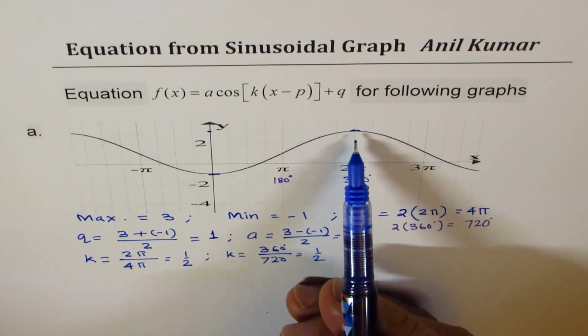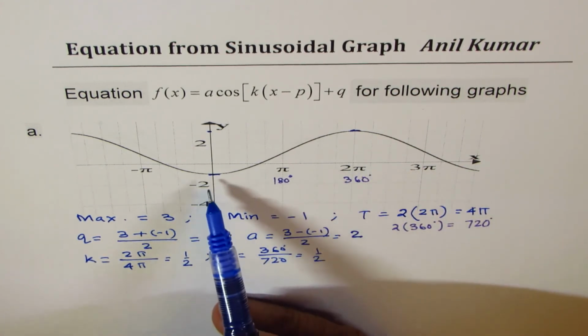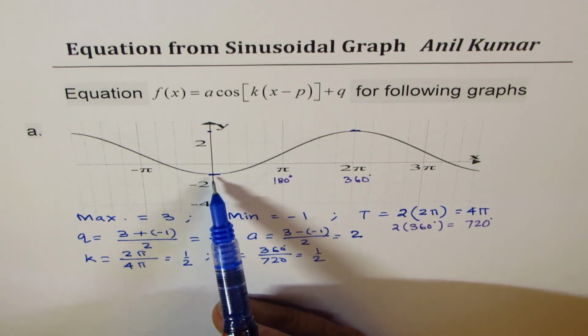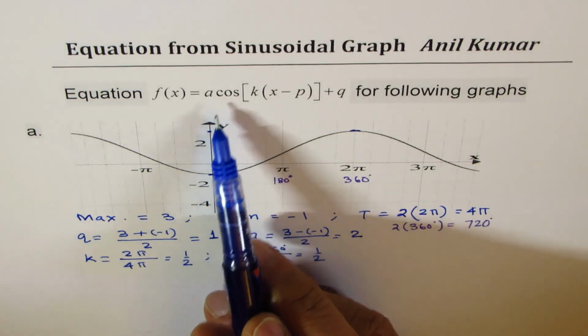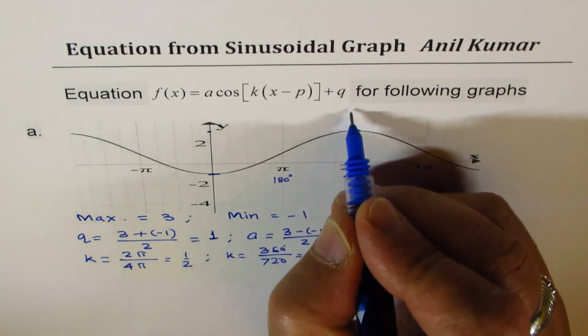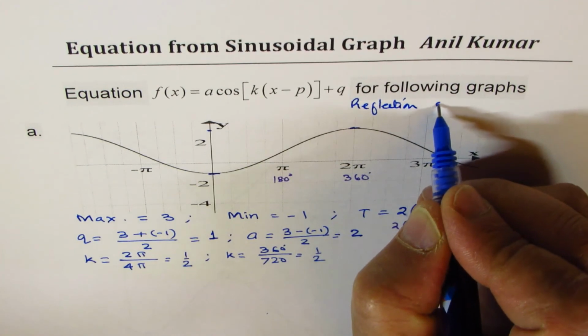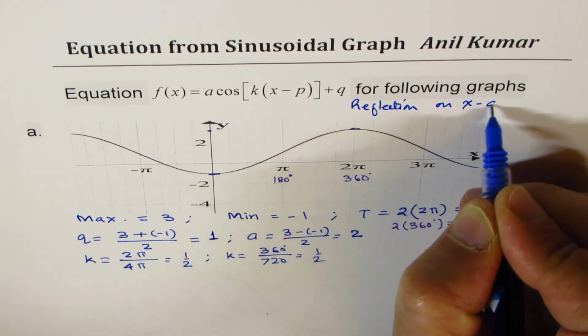You could say that phase shift is 360 degrees to the right, or we can also note here that it starts with a minimum. So if it starts with a minimum, think as if the graph of cosine has been reflected, right? So we'll consider that to be a reflection on the x-axis.